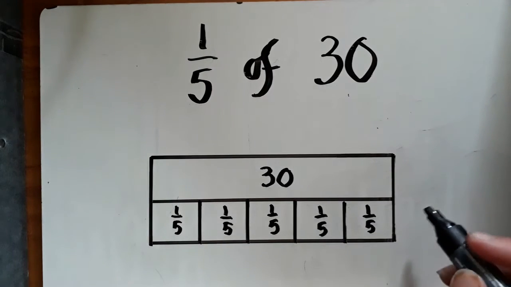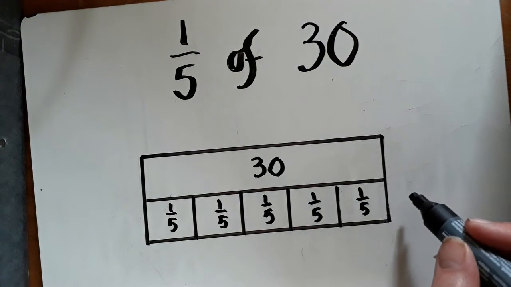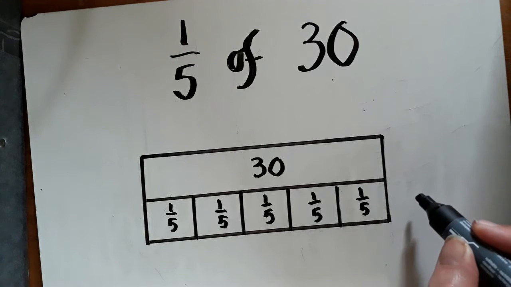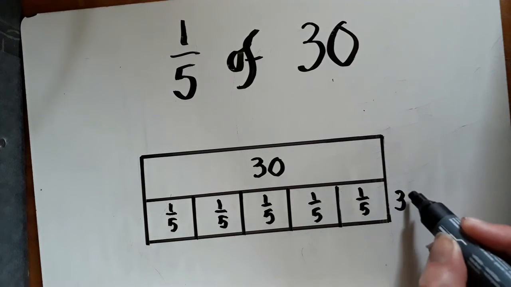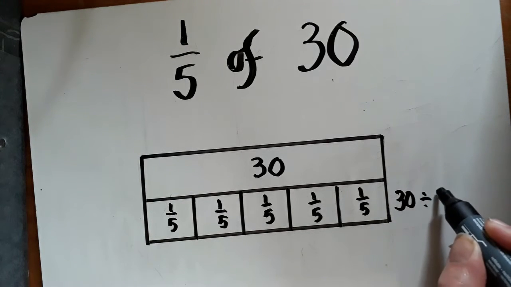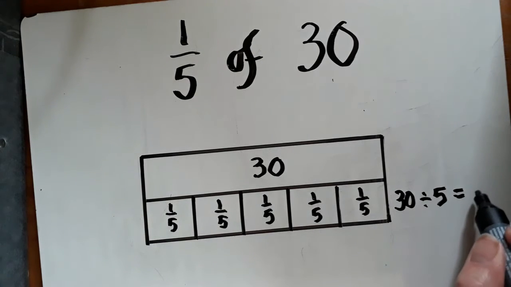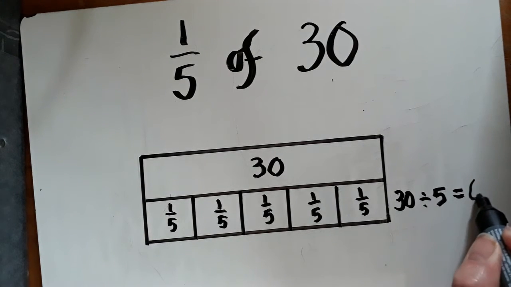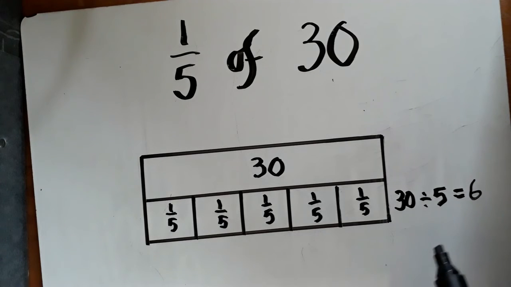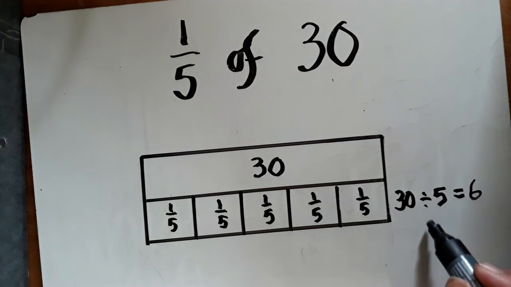That means we have to do 30 divided by 5. Most of you should be able to tell me that 30 divided by 5 is 6. You can use your inverses to help you if you need to.